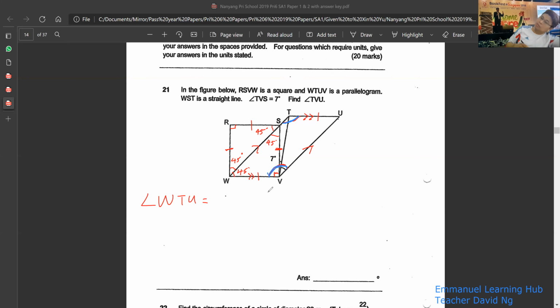No. WTU refers to this angle, the blue color angle that I just shaped.